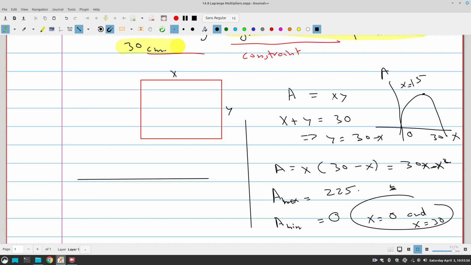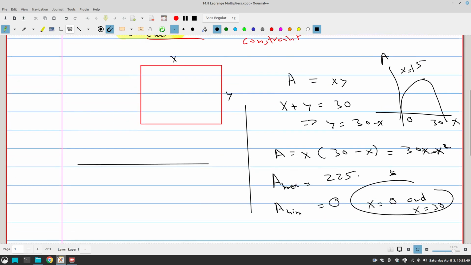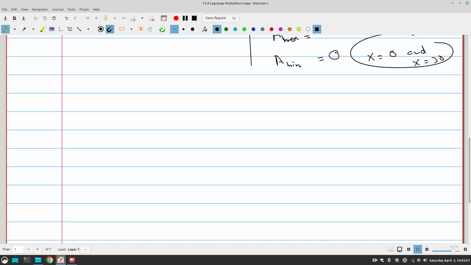Okay, so what we're going to do is look at similar optimization problems, but in multivariable calculus, right? And we're going to use a method, the method of Lagrange multipliers.